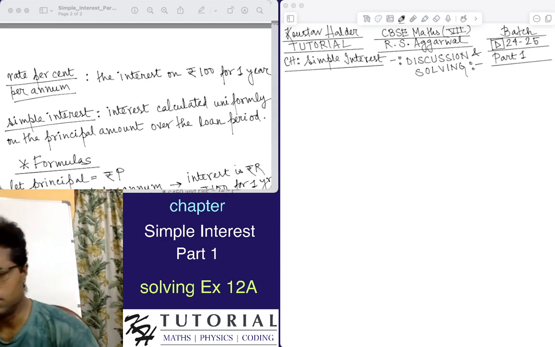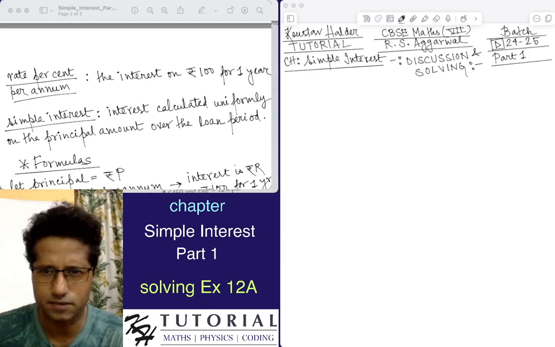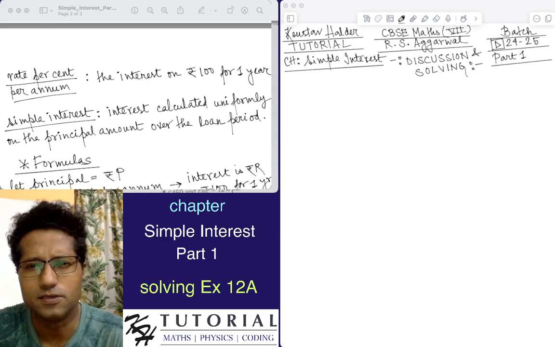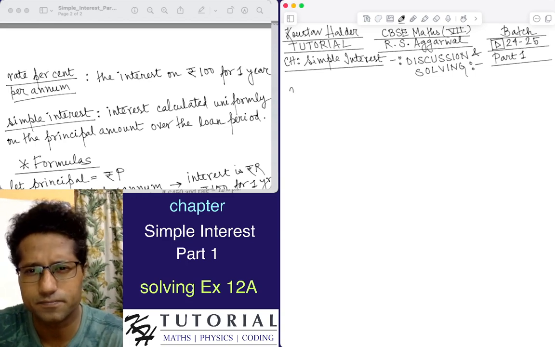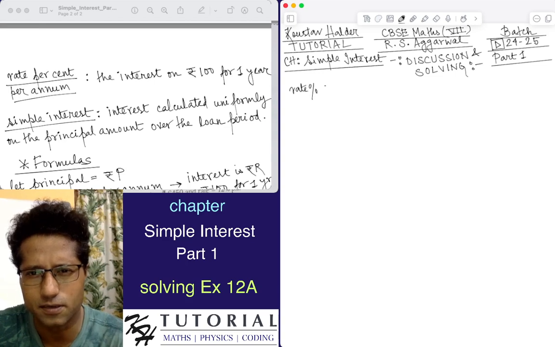It is usually written as rate percent. Let's say rate percent is, for example, 18%.